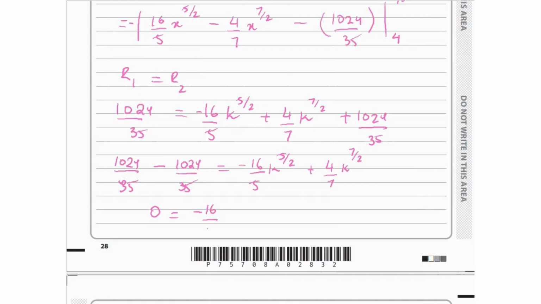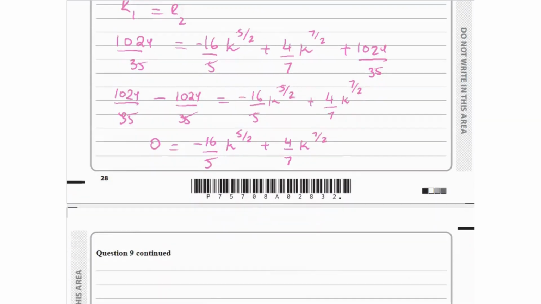Now we have to find the value of k. So for that, 16 over 5 times k to the power of 5 over 2 equals 4 over 7 times k to the power of 7 over 2.